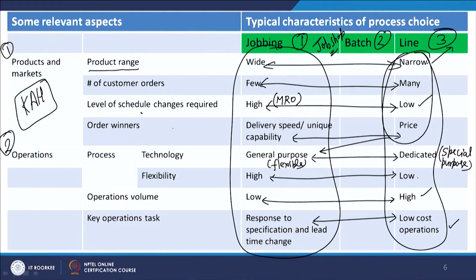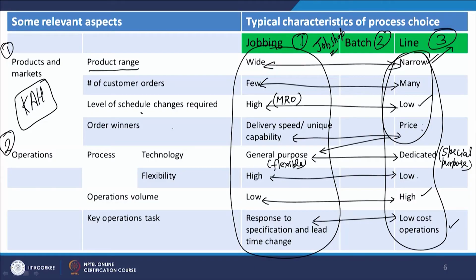This may go wrong. And therefore, it is important that if you have a narrow system of production where you are making only one or two types of product designs, you should have a dedicated machine which can continuously produce the same type of product.